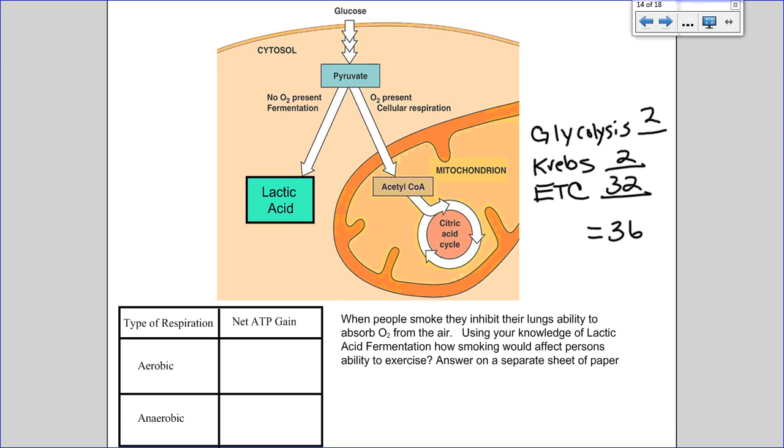So this is when O2 is present: 36 ATP. So you have 36 during aerobic.